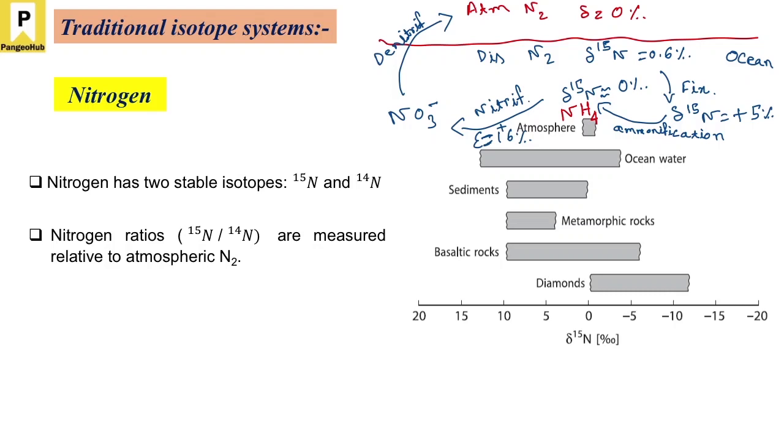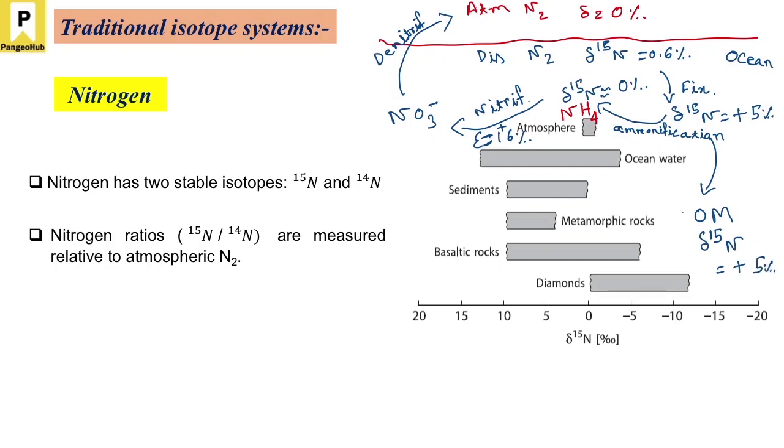Then there also might be this assimilation, which goes to this one in here, and this fixation can also go into the organic matter, where this nitrogen is absorbed and the value is somewhat close to 5 as well.